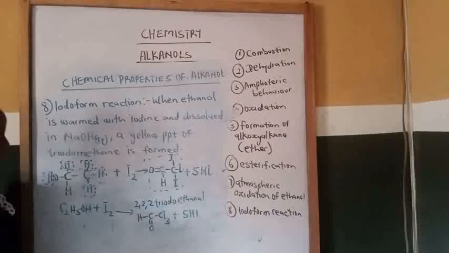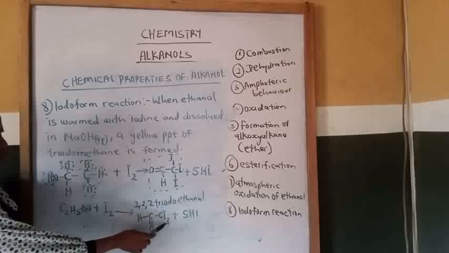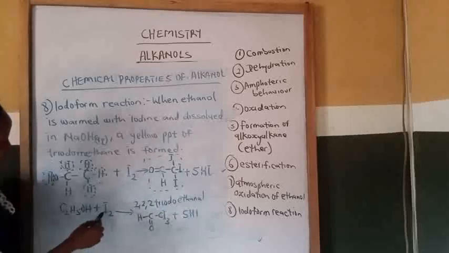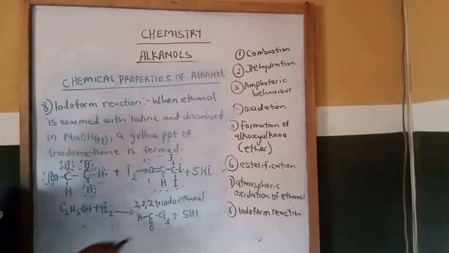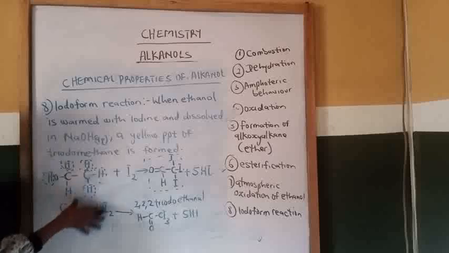Then you need to balance your chemical equation. We have 3 iodine here. We have 5 here. That is 8. So we put 4 here to balance our chemical equation. So our chemical equation is balanced. This is the first stage.